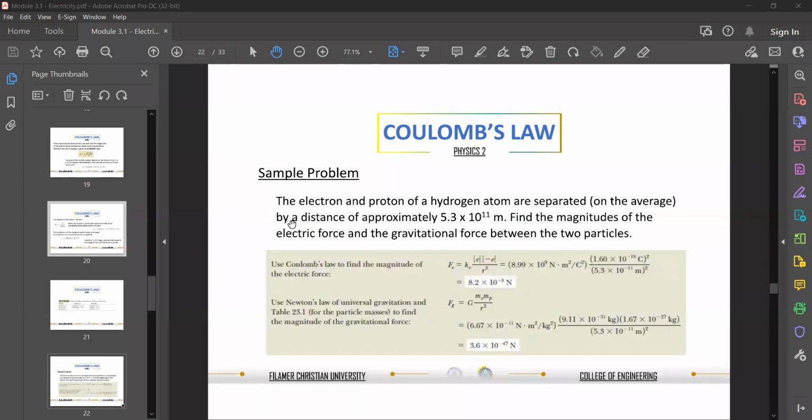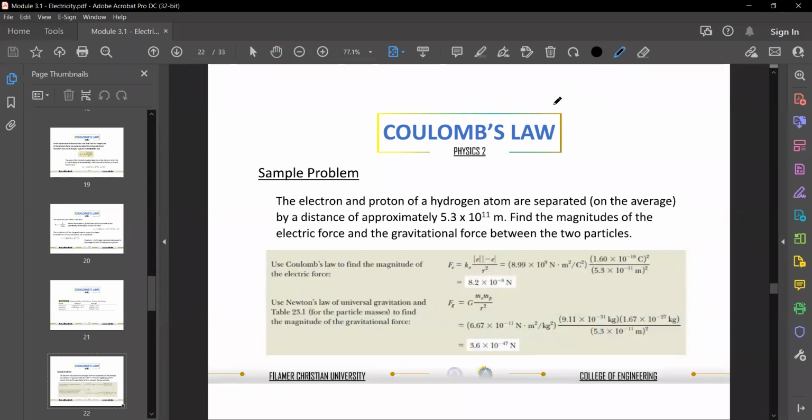Okay, here is our example. The electron and proton of a hydrogen atom are separated on the average by a distance of approximately 5.3 times 10 raised to negative 11 meters. So this is your distance.